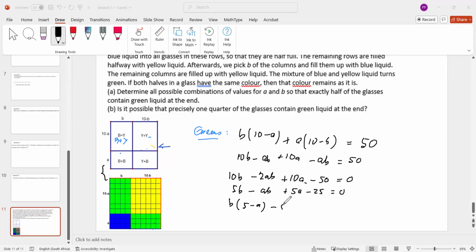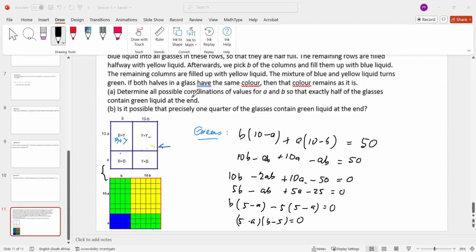I can make this minus 5 into 5 minus A. I want to make 5 minus A in both places. So minus 5 times 5 is minus 25, and minus 5 times minus A is plus. So you have 5 minus A as a common factor, times B minus 5. So you have a product of two numbers that is 0.